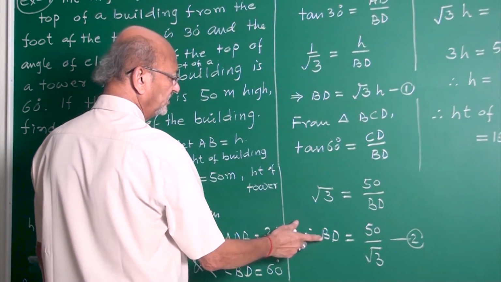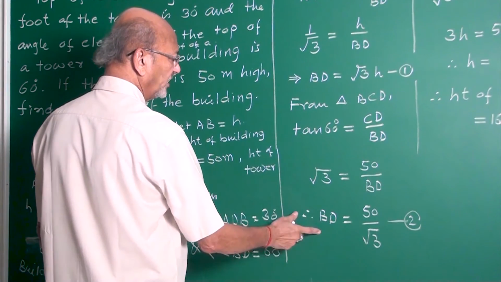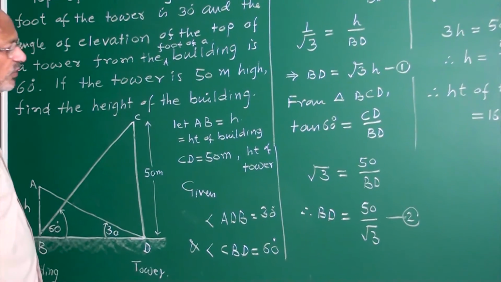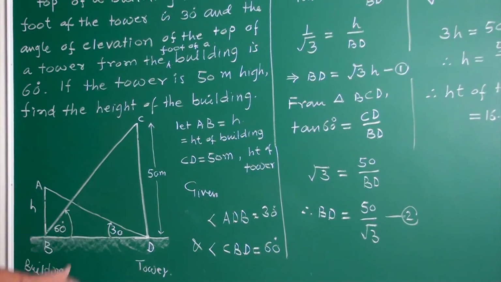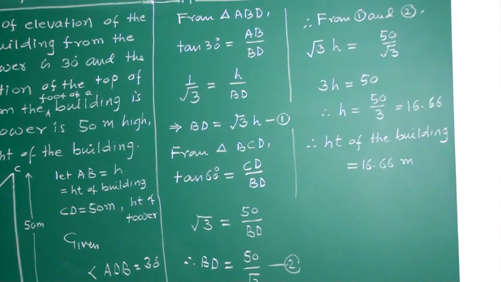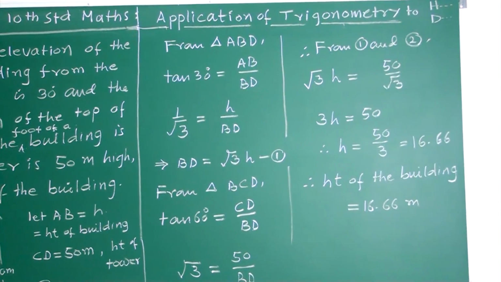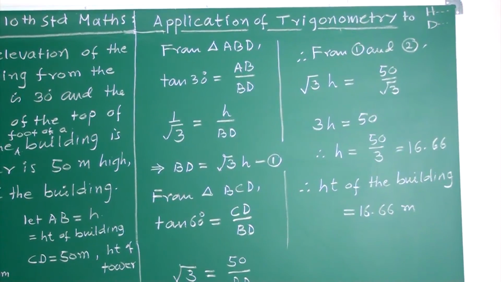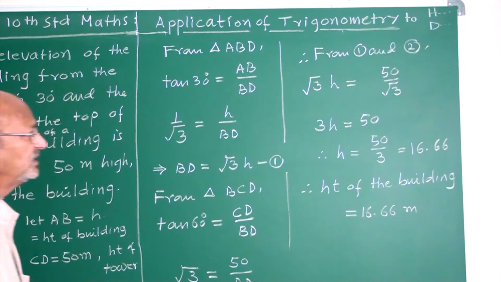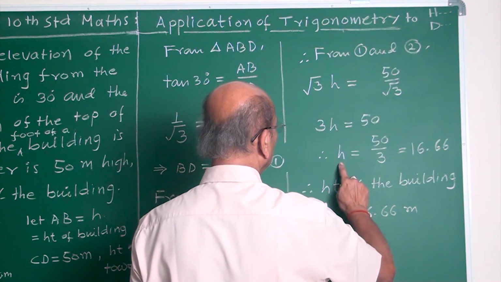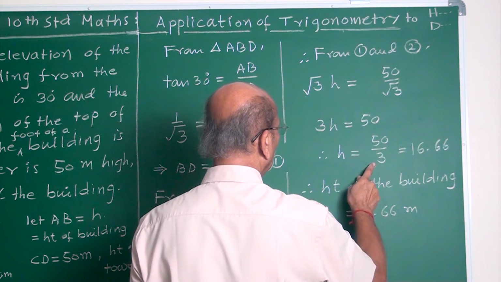It is also BD, so equating from 1 and 2, both values are equal to BD. Root 3 into h in 1 equals 50 upon root 3. Root 3 into root 3 is 3, so 3h equals 50. So the value of h is 50 upon 3.